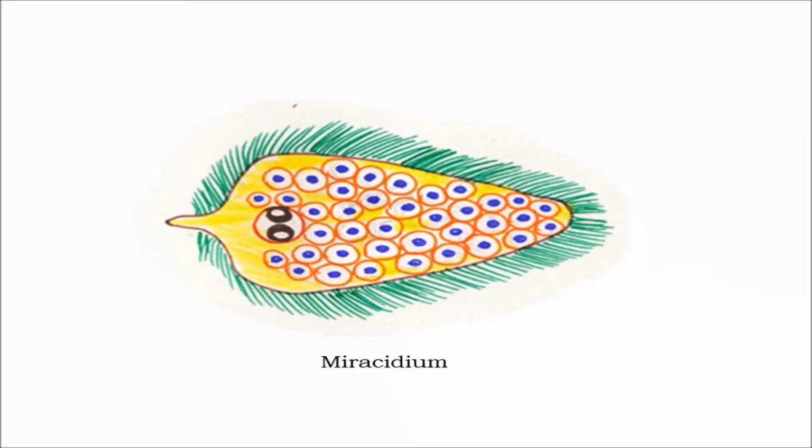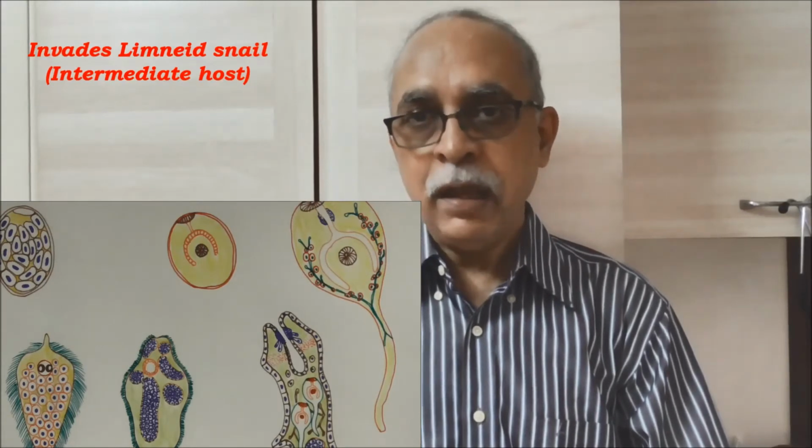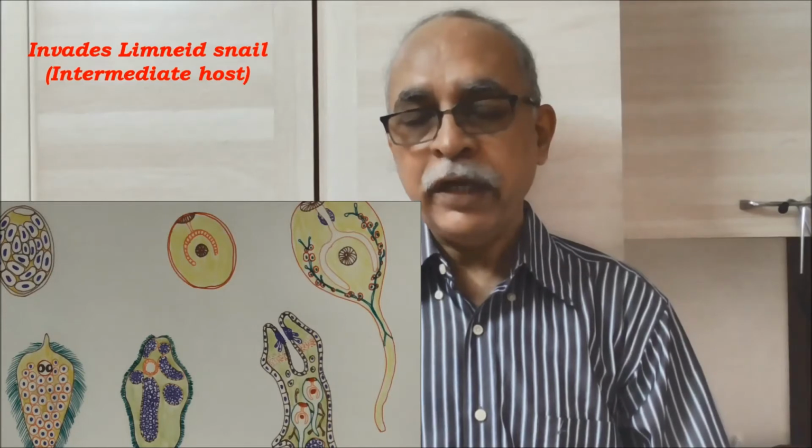This Miracidium larva, you can see, is a flattened worm with a large number of ciliary projections and an eye spot. Eye spot is a photosensitive organ that it's provided with. It then invades a limnaeid snail, a freshwater snail. Inside this snail, part of its life cycle would continue. So we can call this an intermediate host.